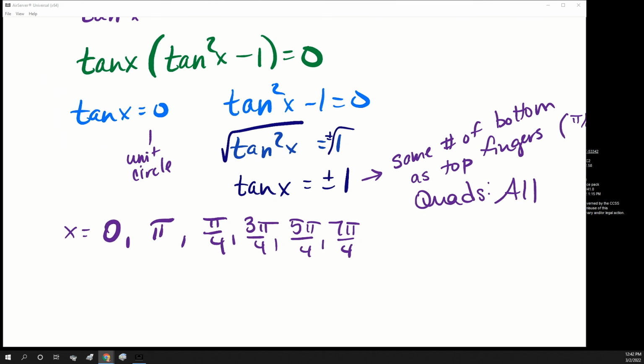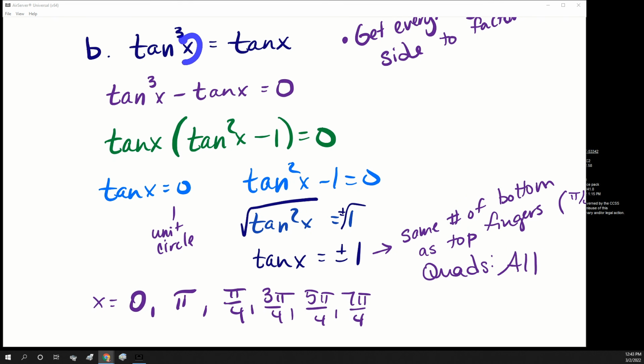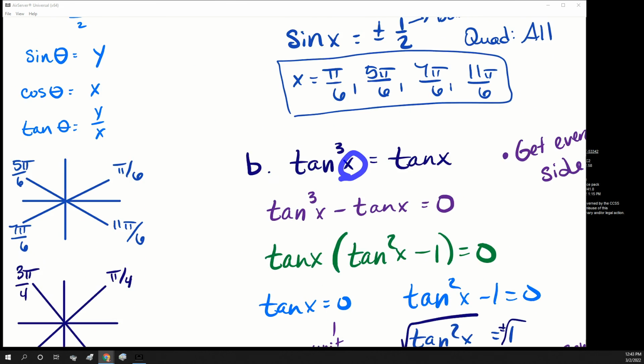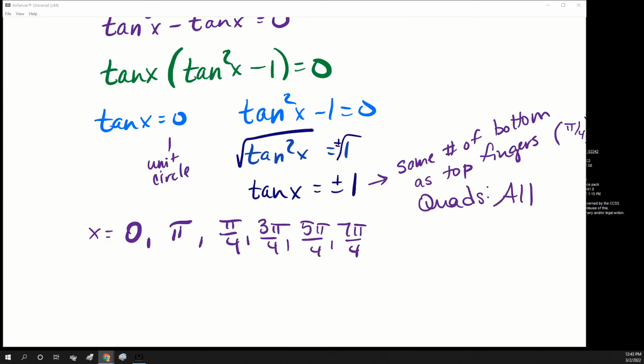Now we did get 2 answers from the unit circle. So we just need to make sure that we can plug 0 in and it doesn't give you something that's undefined. And it doesn't. Like the tangent of 0 we already know is y divided by x is 0. The tangent of pi we already know is y divided by x is 0. So this is fine.